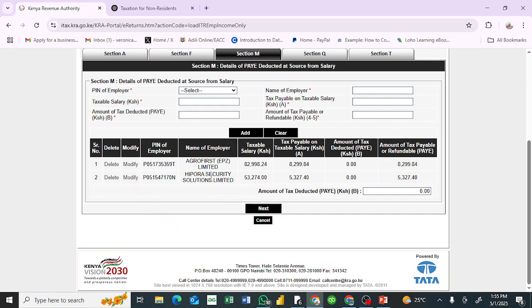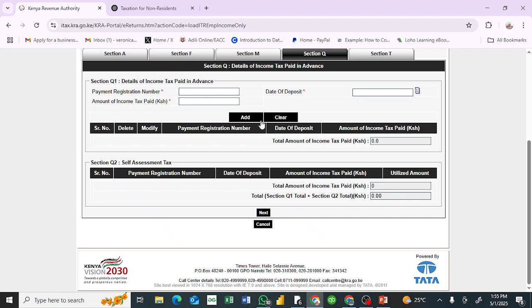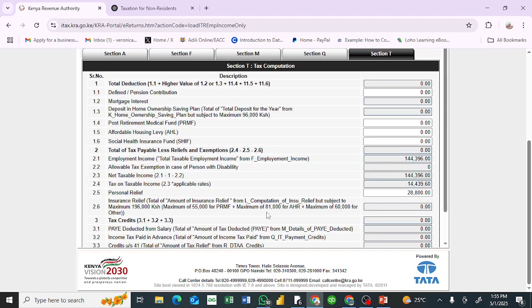Under section M, you also confirm with your P9 kama inatally. You confirm the taxable salary parts kama inatally with what you have on your P9. Yes. You press next. Tax paid in advance, hakuna. You press next. So under this section we have some few sections tunataka kufill, like defined pension contribution.